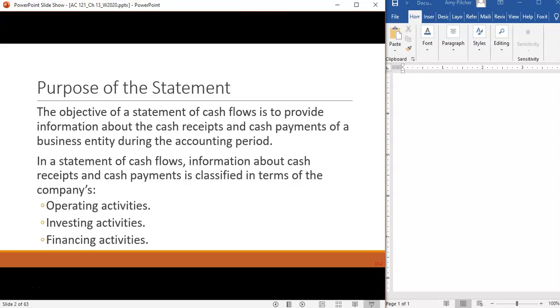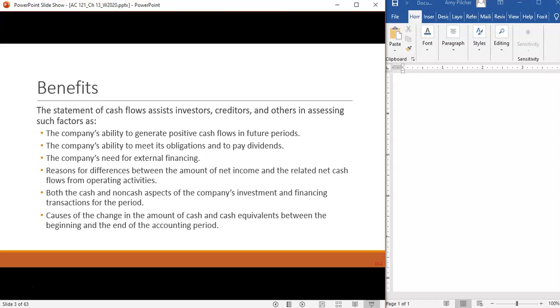So we make a statement of cash flows to show the different things that happen to our cash throughout the accounting period. We have three different sections in our statement of cash flows: an operating activity section, an investing activity section, and a financing activity section.